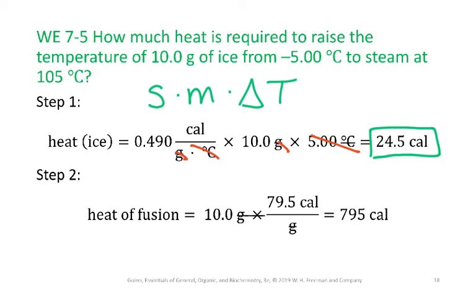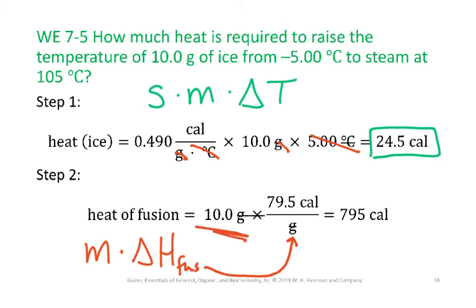We're using the heat of fusion. So this is simply the mass times delta H fusion. For water, delta H of fusion is 79.5 calories per gram times 10 grams. The melting process would be 795 calories.